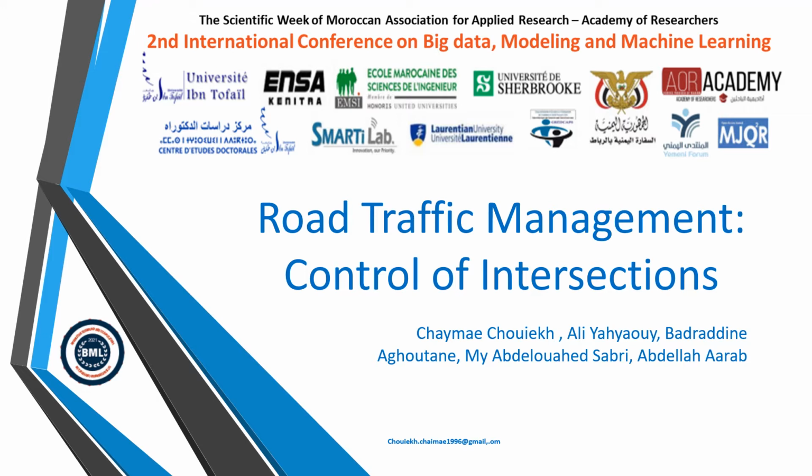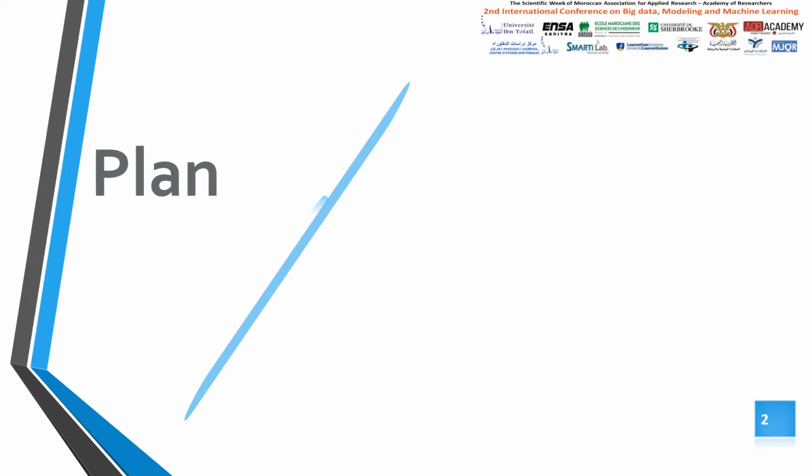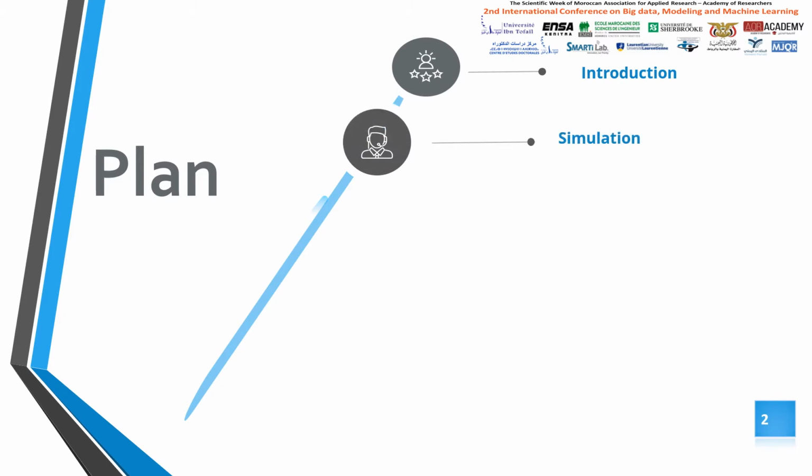I will therefore briefly present my research, titled Road Traffic Management Intersection Control, which will be presented according to the following planning. First, we will start with an introduction. Then second, we will talk and present the simulation.